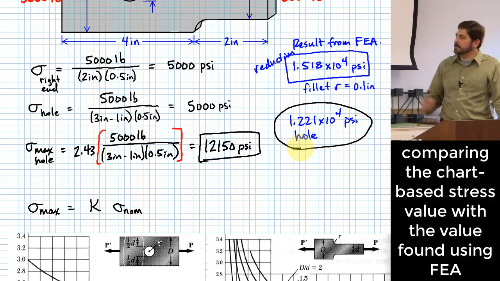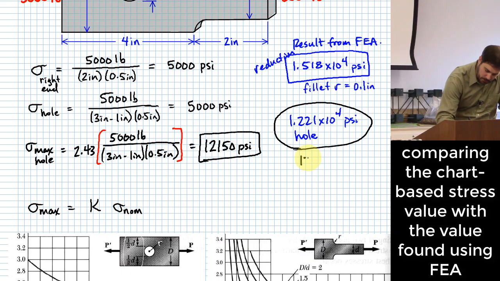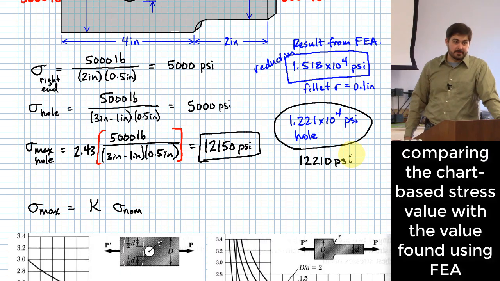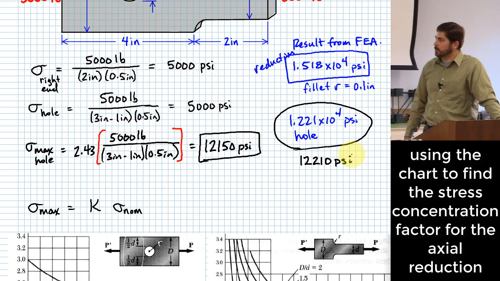We came up with 12,210 psi. Those are pretty close, right? What SolidWorks said versus what this chart said, that stress is going to be at that hole. Okay, shall we do the other one?